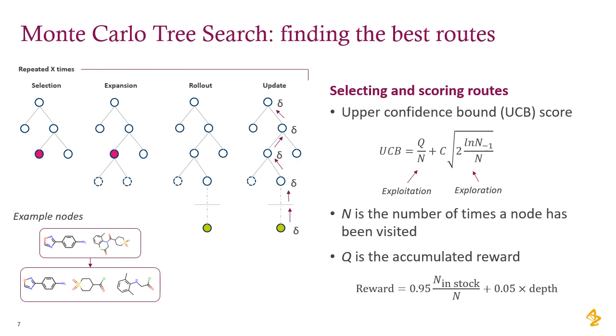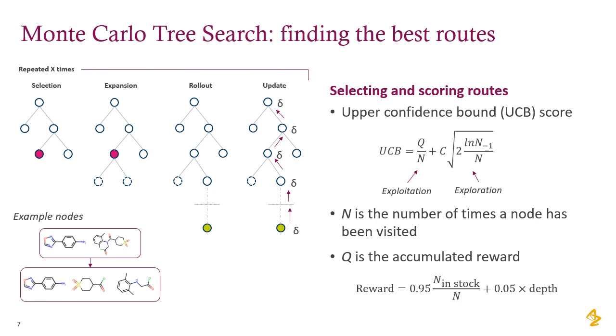And we select nodes and we score the routes based on upper confidence bound statistics. You have the formula here. I will not go into it much, but you can read about it in the literature. But we have one term for exploitation and one for exploration. And the Q here is an accumulated reward.